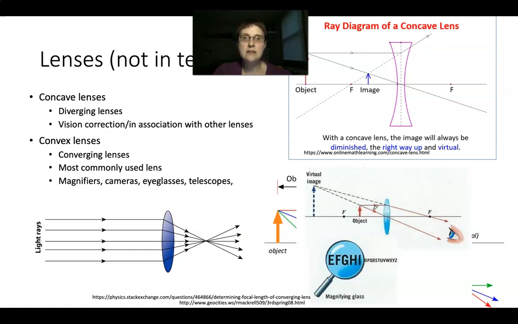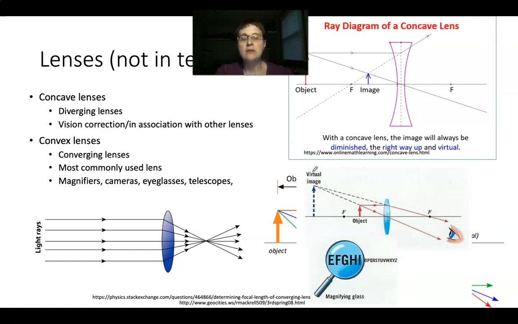The light is going through the convex lens, but just like with the mirror, the light is going through and hitting the eye of the observer. And what it's doing is our brains are converging those light rays behind the lens and creating a virtual image that is bigger. So this is how we use convex lenses to magnify things.